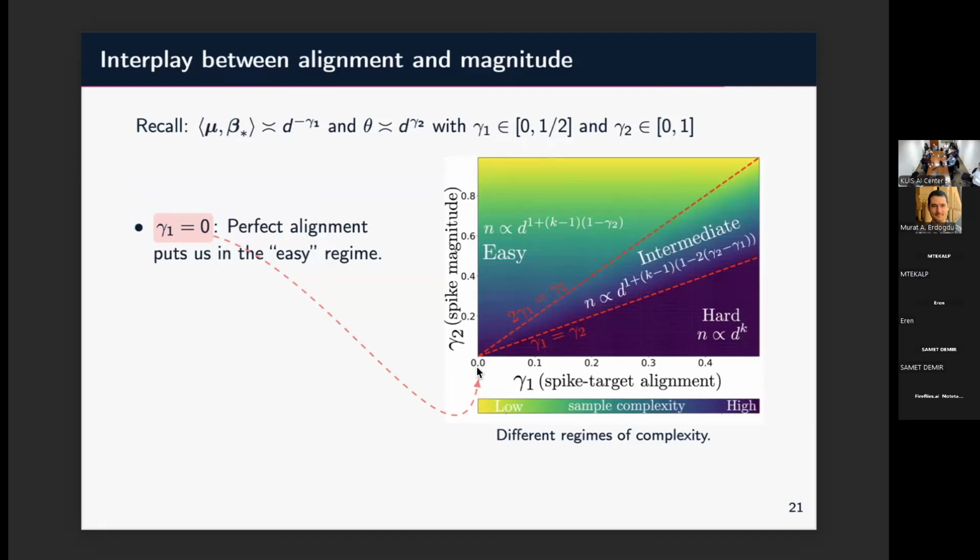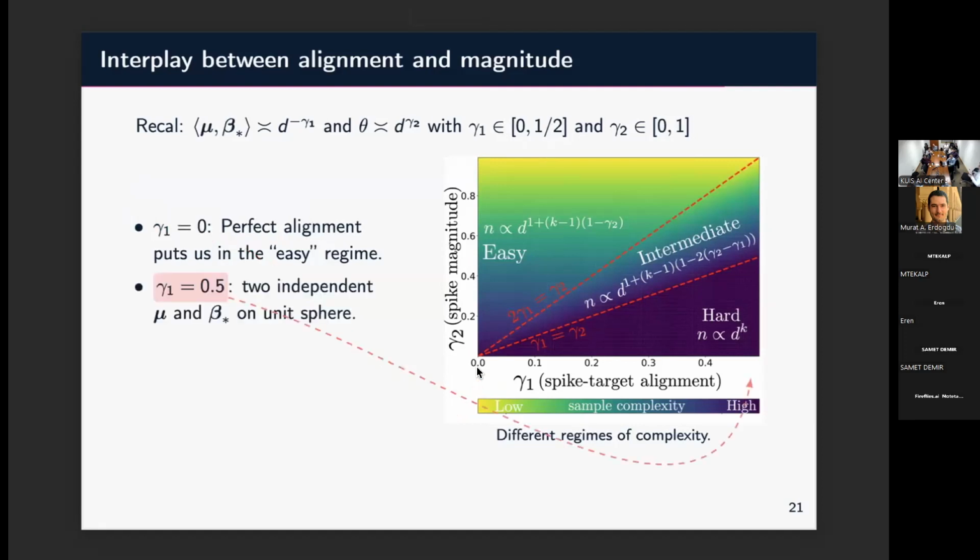Now let's look at the other extreme, which I find quite interesting. If gamma 1 is 0.5, that puts you on this vertical line. You start at the hard regime if your spike magnitude is small, but as you increase your spike magnitude, you can get to this easier regime, that's the intermediate regime. Now, why is that interesting?